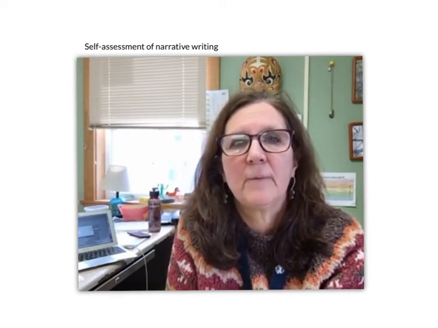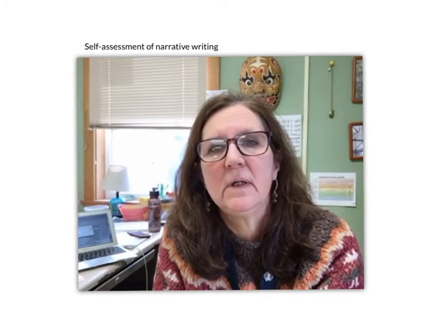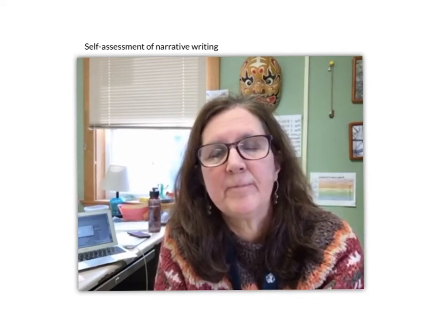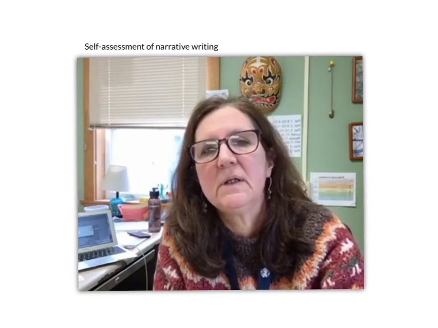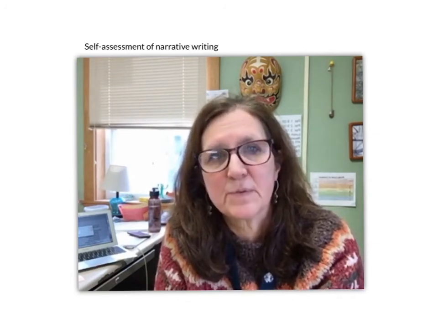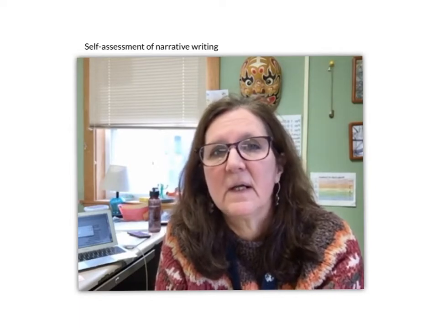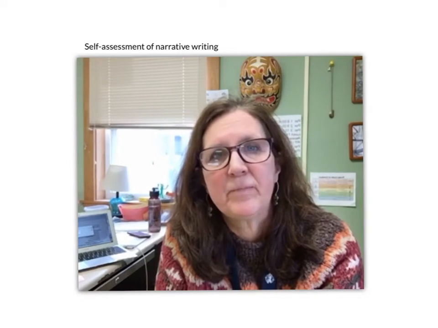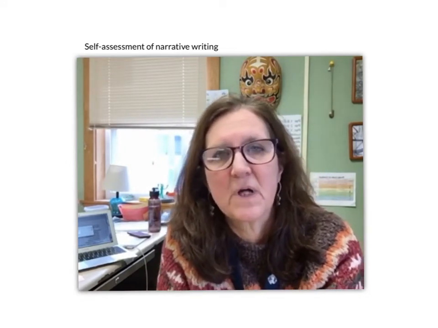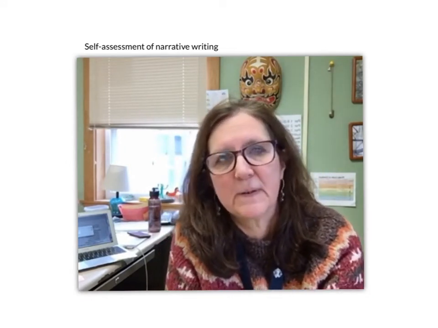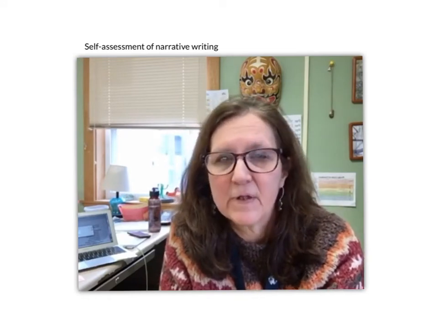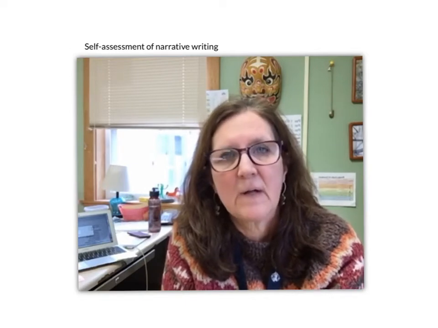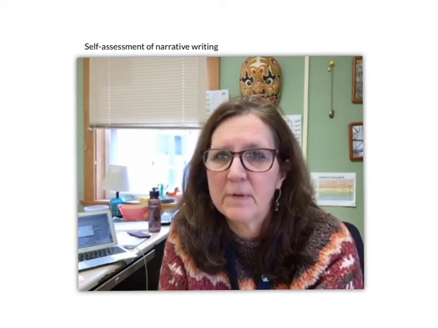I'm looking for end punctuation, a period, exclamation point, or a question mark at the end of every sentence. I'm also looking for capitalization, where you capitalize the first word of every single sentence, capitalize people's names, the names of places, any proper nouns. And if you're brave and you want to try and use commas, try to use them to the best of your ability. So I'm not grading everything that's on the narrative writing rubric, which was in one of your lessons in Google Classroom. I'm only grading those things that we have spoken about.